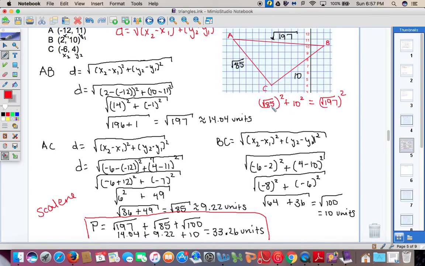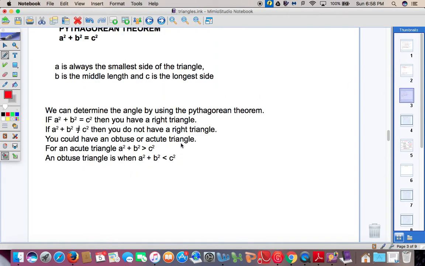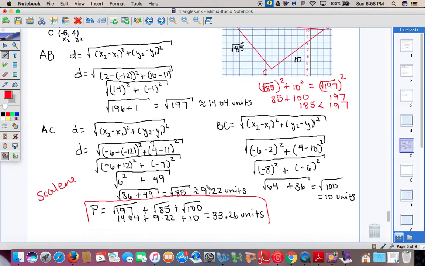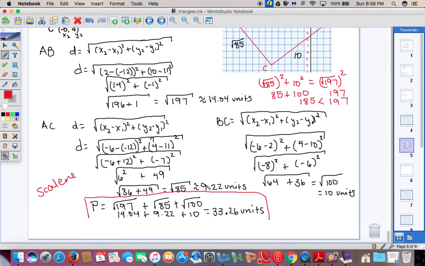Well, the square root of 85 squared is simply 85, and this is 100, and then we've got 197. So we can see that 185 is going to be less than 197. When a squared plus b squared is less than c squared, we have an obtuse triangle. So this would be an obtuse scalene triangle.